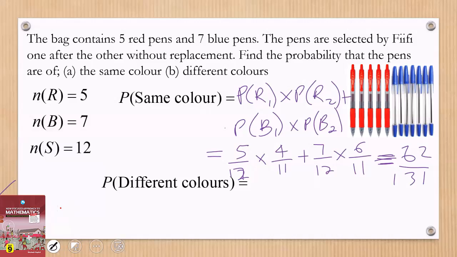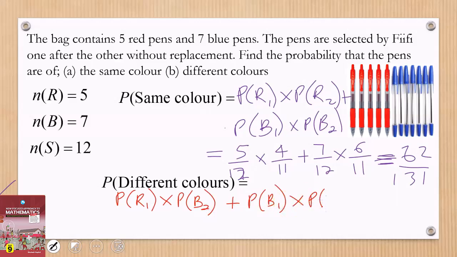Then the second question says they are different colors. Different colors means that, let me start from here. Probability of the first being red, and the second is blue, or first being blue rather, and the second being red. So that comes in different formats.